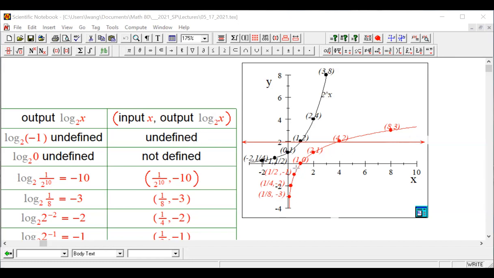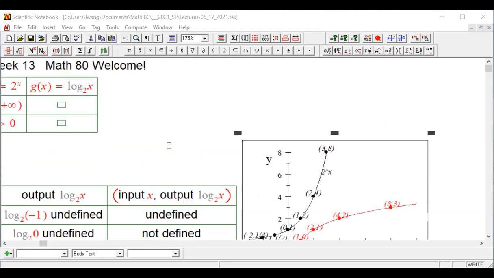But if you look at the red, the red never goes over the y-axis to the other side. So that tells us that the domain of the red curve is x larger than 0.